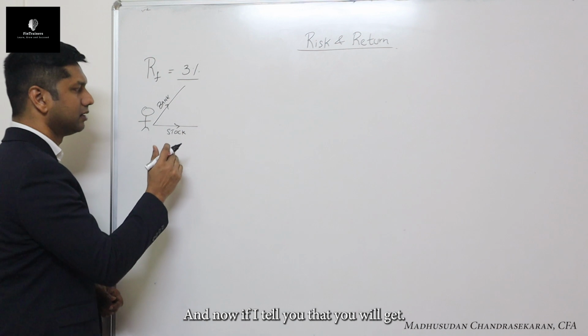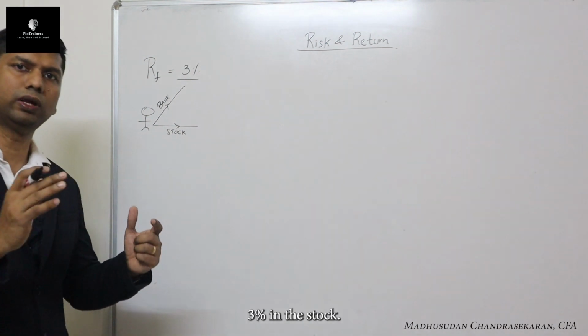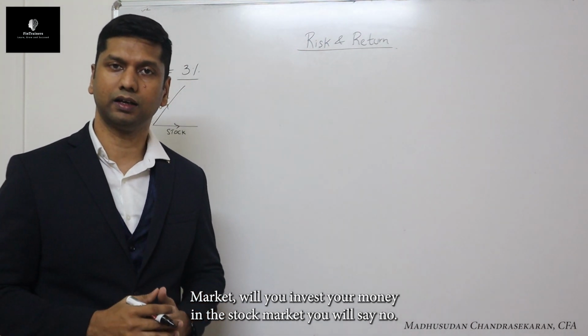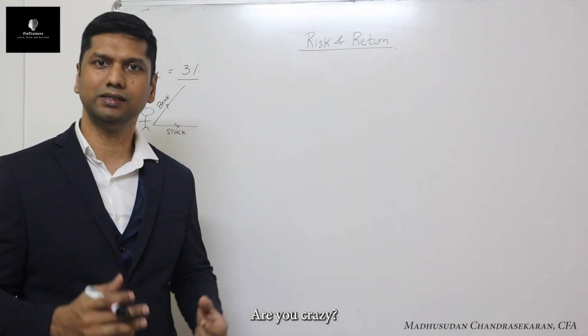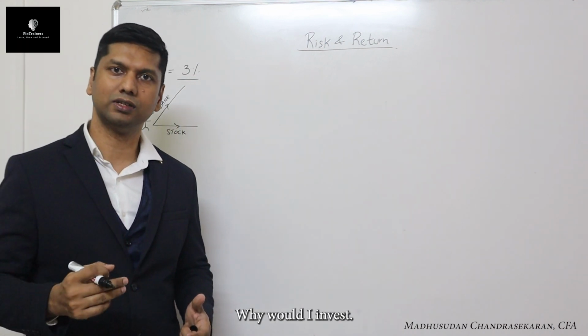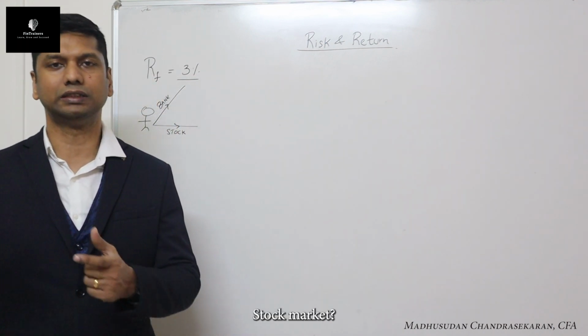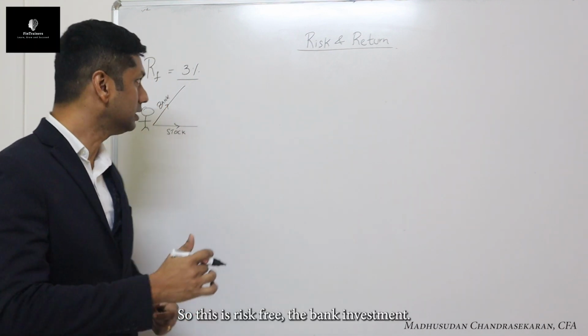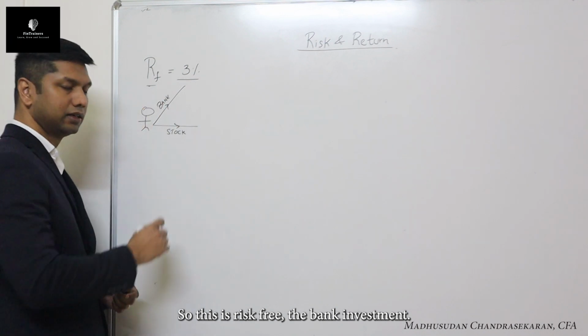And now, if I tell you that you will get 3% in the stock market, will you invest your money in the stock market? You'll say, no, are you crazy? I'm already getting 3% from the bank. Why would I accept 3% from the stock market? I need more because the stock market is very risky. So this is risk-free, the bank investment.